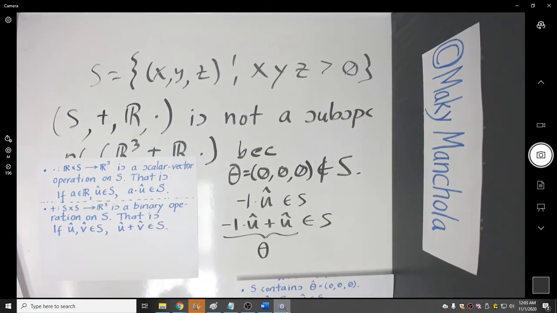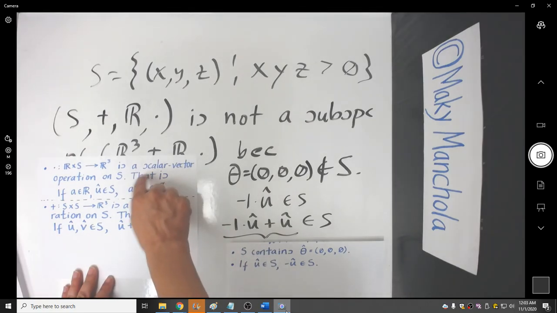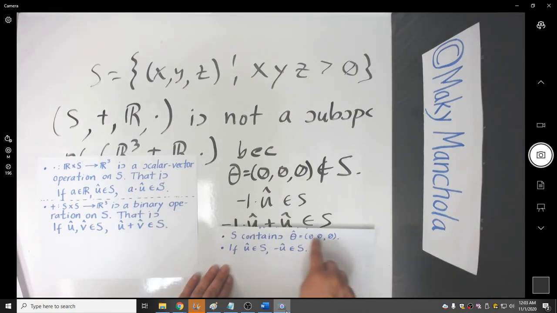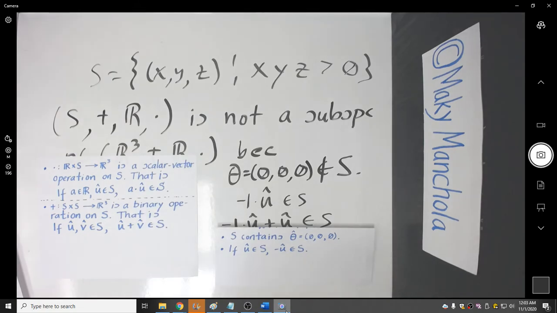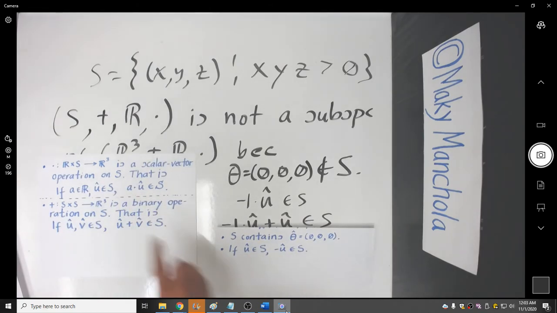So if I verify these 2 properties, I can avoid having to verify that S contains theta. Furthermore, I could also avoid checking that if u is in S, negative u also is in S, because once again, if you pick A to be -1, this closure already gives you that result. So it looks like it's not 3 but 2 properties that need to be verified.